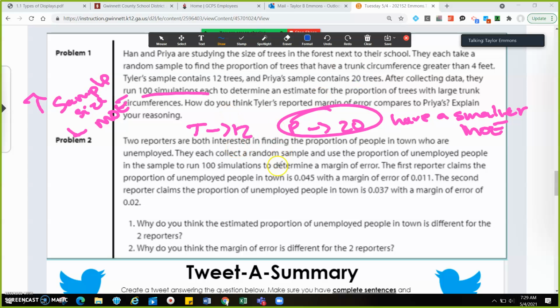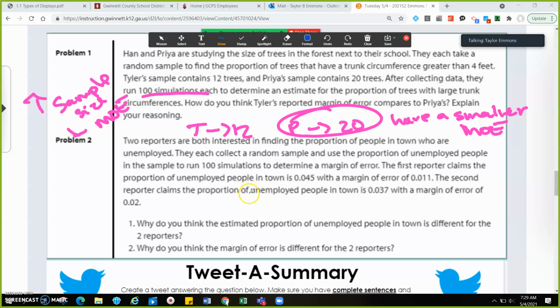Two reporters are both interested in finding the proportion of people in town who are unemployed. They each collect a random sample and use the proportion of unemployed people in the sample to run 100 simulations to determine a margin of error. The first reporter claims the proportion of unemployed people in town is 0.045 with a margin of error of 0.011.